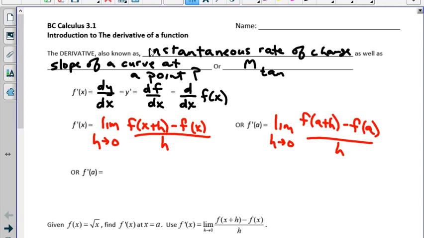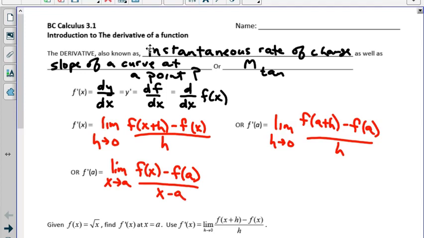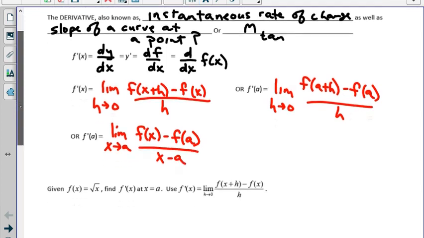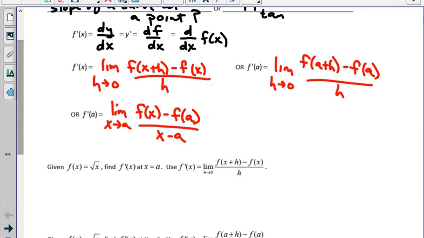And then we also have the other way to say the definition of the derivative at a point, which is the limit as x approaches a of f of x minus f of a over x minus a. So all those are things that you either should already know, or it's just notation, the stuff that we wrote in black.